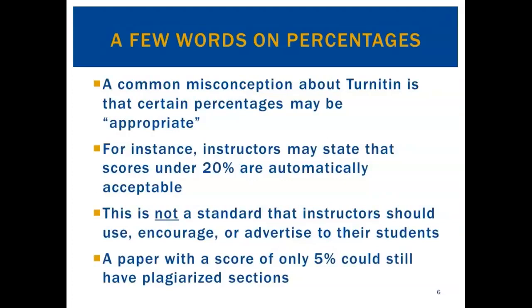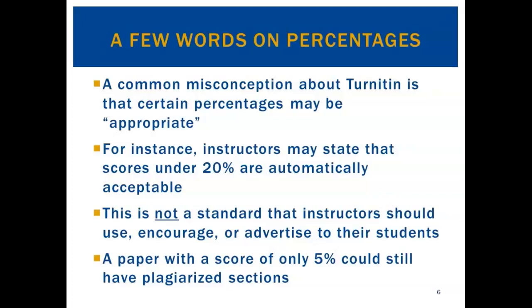It depends on the assignment. Some papers will have more cited work in them, more research that's quoted or paraphrased, and some should be more synthesized and the student's voice. So there really is no standard. A paper with a score as little as 5% could still have significant plagiarism.